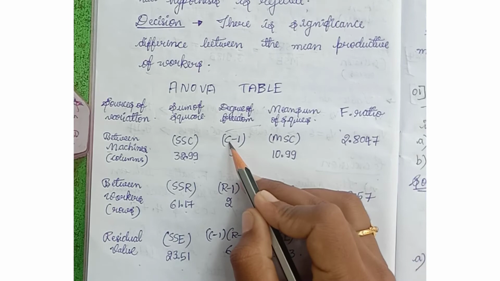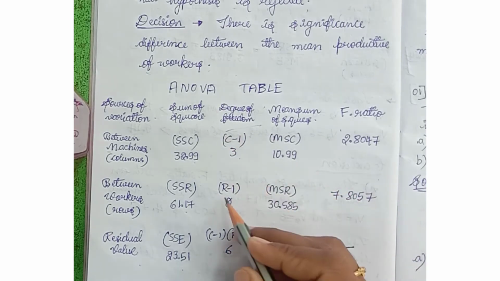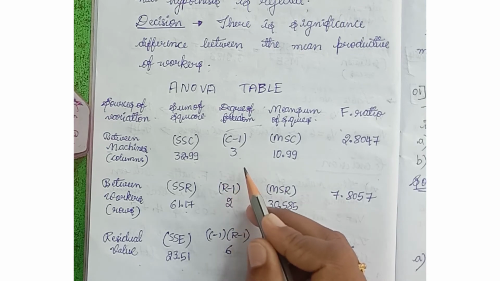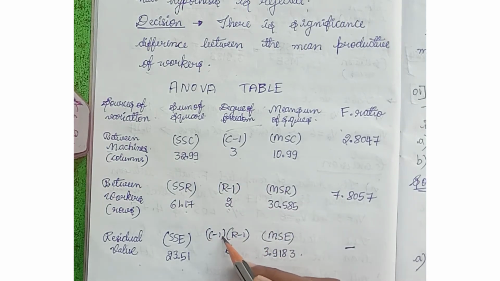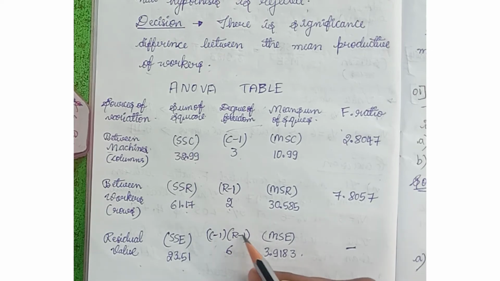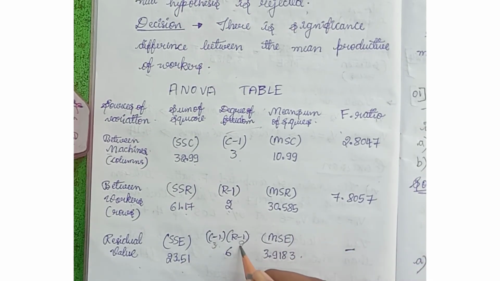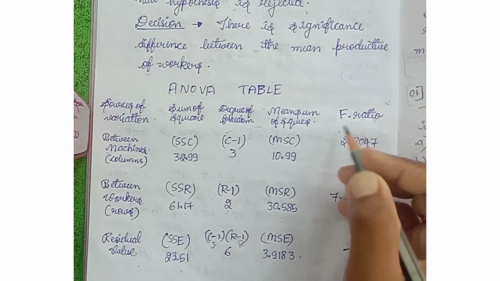Degrees of freedom: C minus 1, that is 4 minus 1 equals 3, and R minus 1, that is 3 minus 1 equals 2. For the residual, C minus 1 times R minus 1, that is 3 into 2, equals 6.